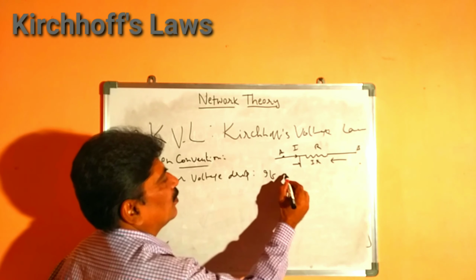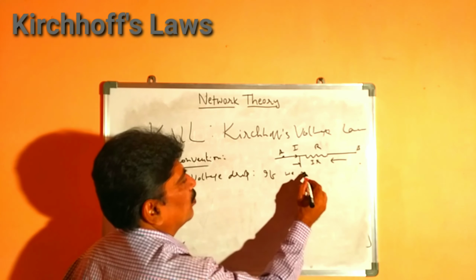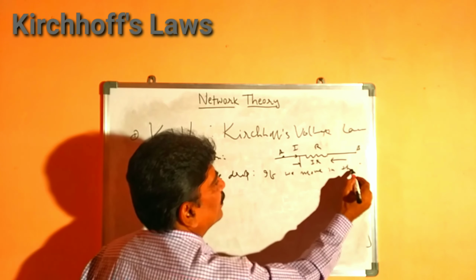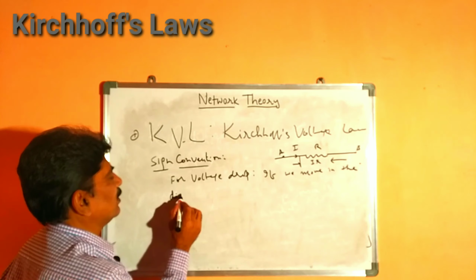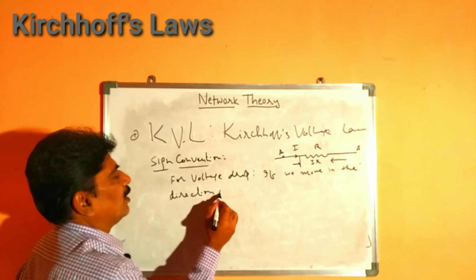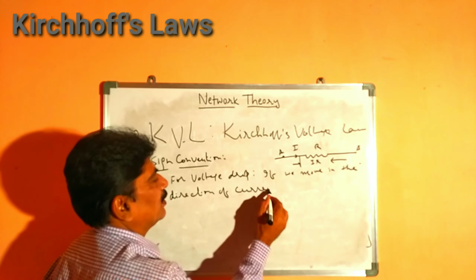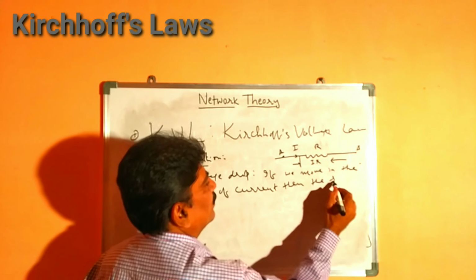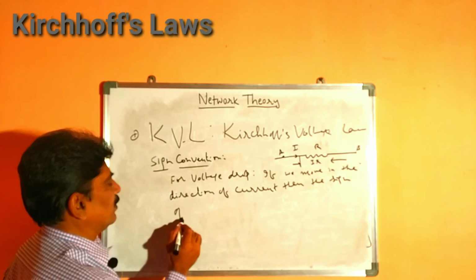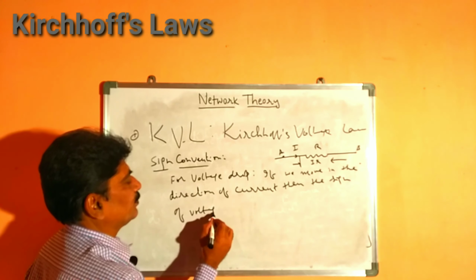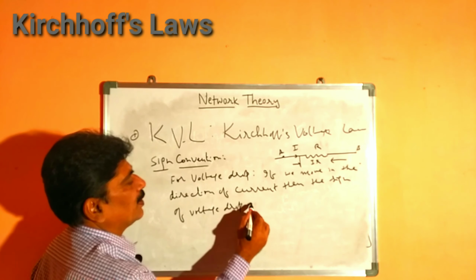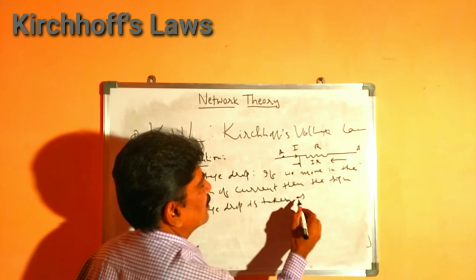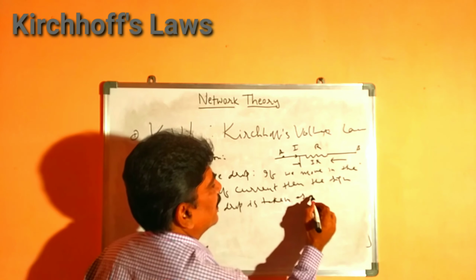If we move in the direction of current, then the sign of the voltage drop is taken as negative.